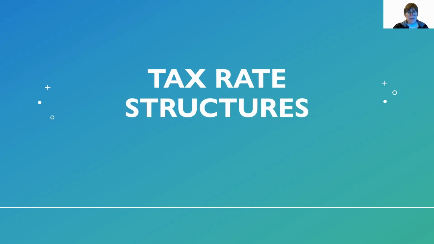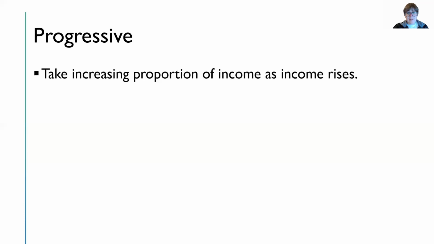Moving on then, you need to be aware of the tax rate structures. So firstly, we have a progressive tax. With this, we basically have an increase in the amount of tax for an increase in the proportion of income. So as income rises, the amount of tax to be paid will increase.